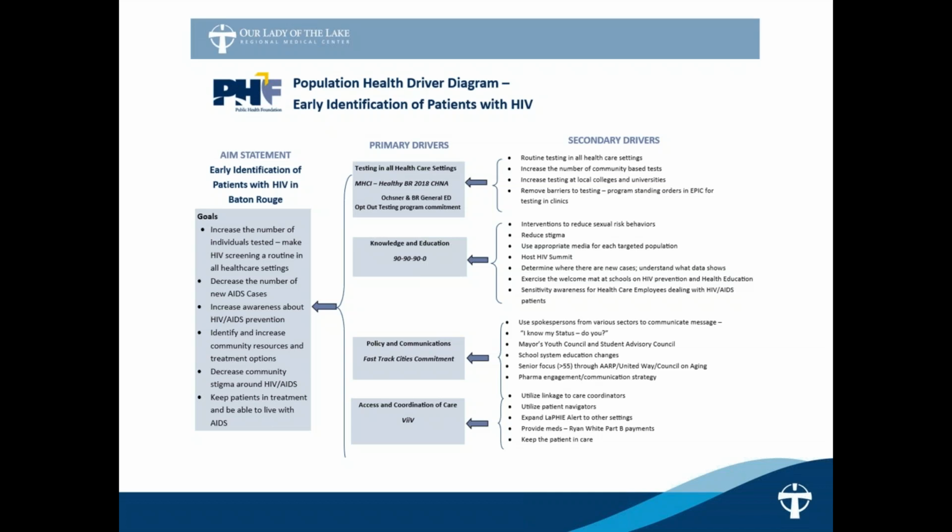Now that the board has signed off on the 2018 Community Health Needs Assessment, we roll up our sleeves and begin developing the implementation plan. It is our intention to use this population health driver diagram approach to develop the other 3 key priorities for our Community Health Needs Assessment.